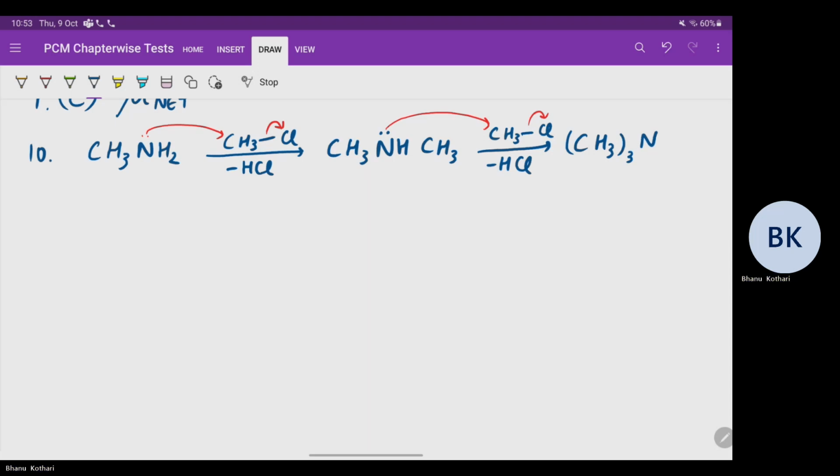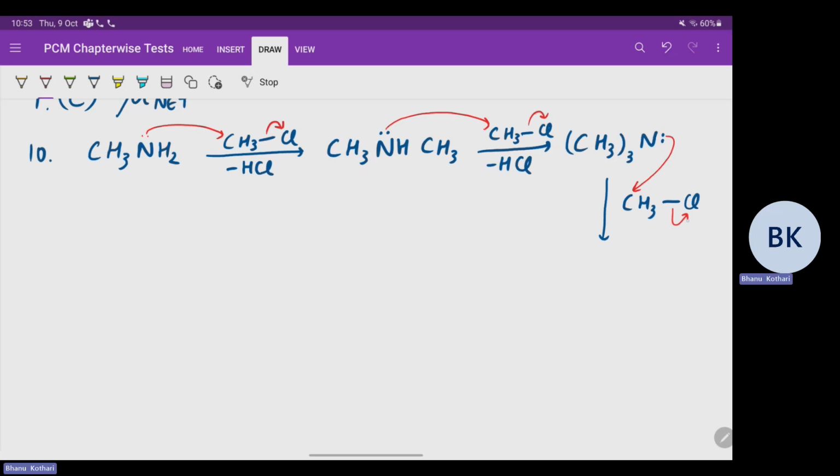Okay. Now, this nitrogen still has a lone pair. What to do with this lone pair? It can still attack one more CH3Cl, but this time there is no HCl to escape. What will happen? It will combine with CH3Cl. This time we get a quaternary ammonium salt.